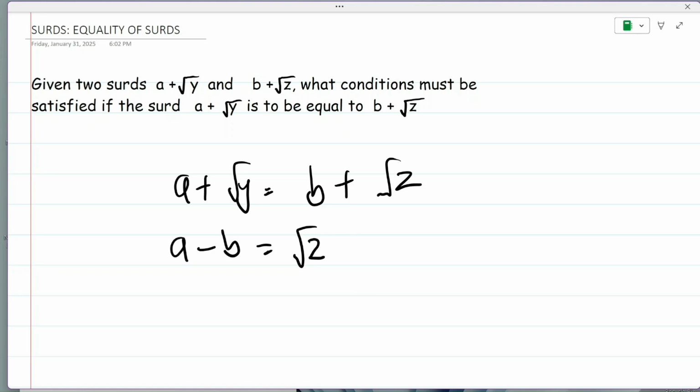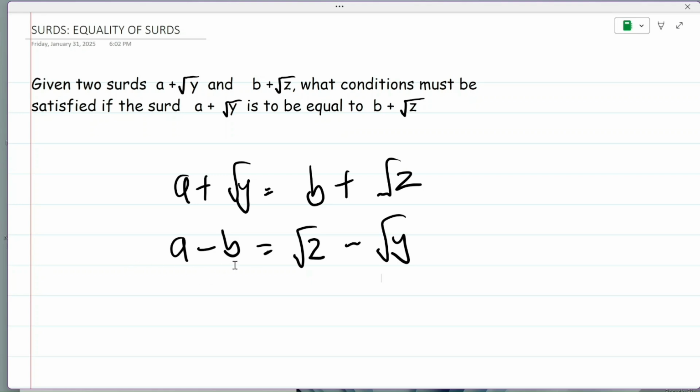Then this root y owns this positive sign, so as it's going over the equals sign, it turns to minus root y. Standard in math, you say you add minus root y to both sides, and the result is still the same as saying plus root y crosses the equals sign and turns to minus root y. So you have it as a minus b equals root z minus root y.